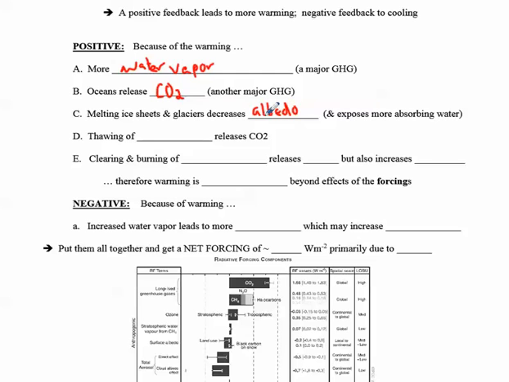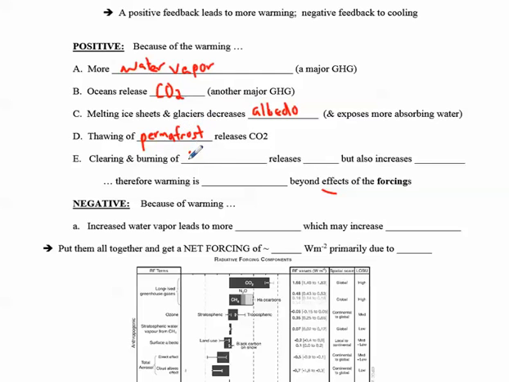Not only does it decrease albedo, it exposes more liquid water, which is very good at absorbing radiation. So the warming due to the greenhouse effect decreases albedo, which increases the amount absorbed. Okay, thawing of the permafrost also releases more CO2.